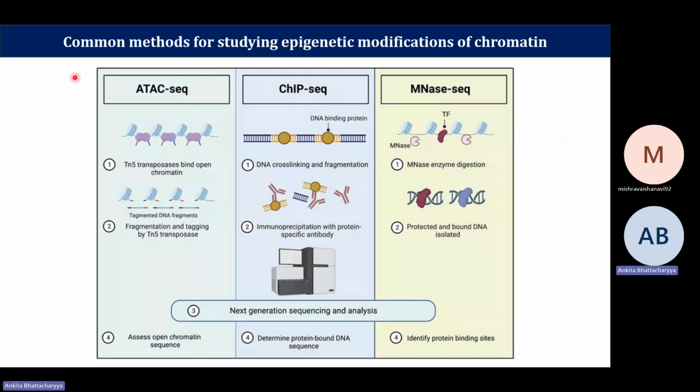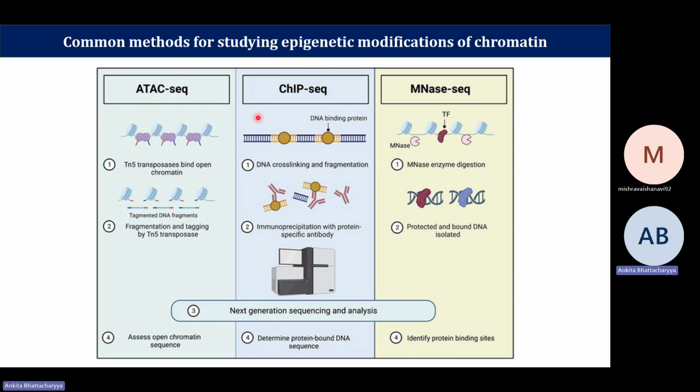So overall, if you look at the different strategies which are present for studying epigenetic modifications of the chromatin, there are three common strategies. You have ATAC-seq, you have ChIP-seq, and you have MNase-seq. So ATAC-seq shows you the possibility where Tn5 transposase binds to open chromatin. You get your tagmented DNA sequences, which can then be sequenced.